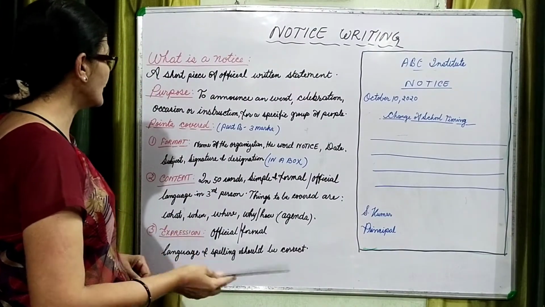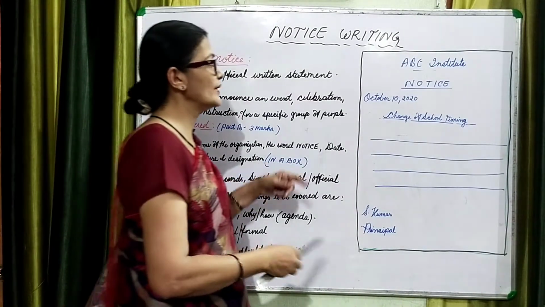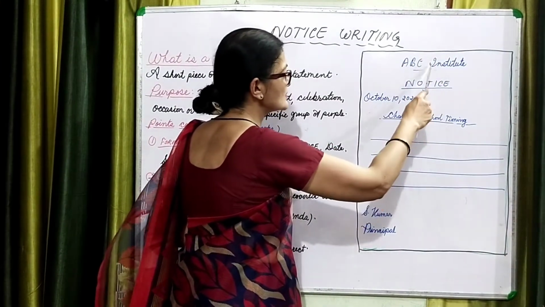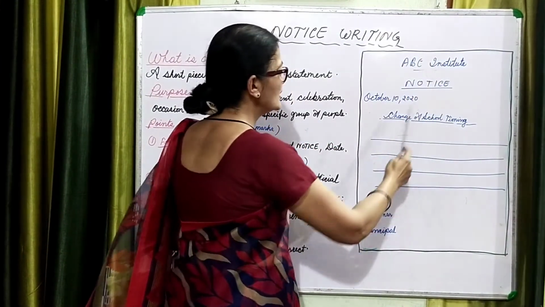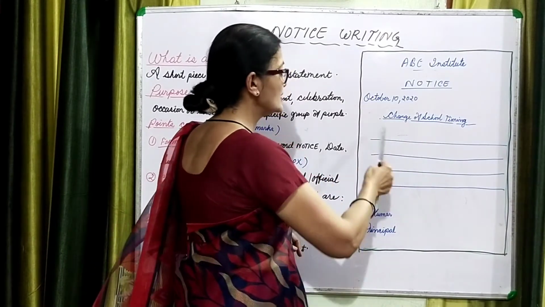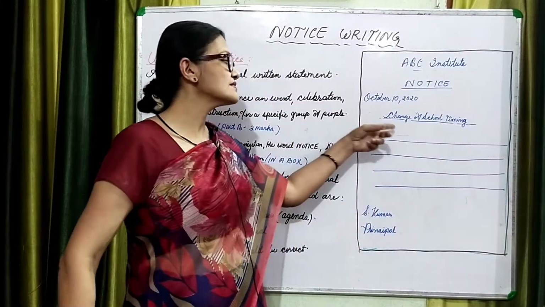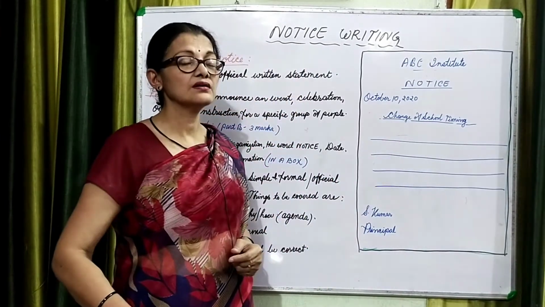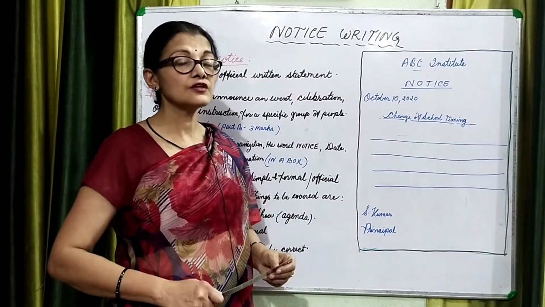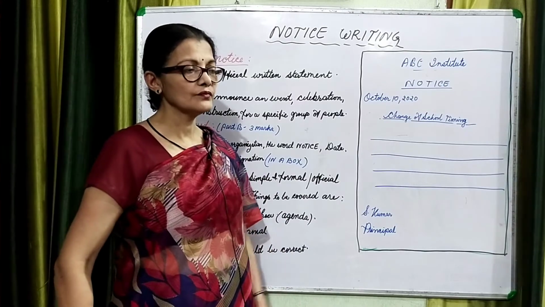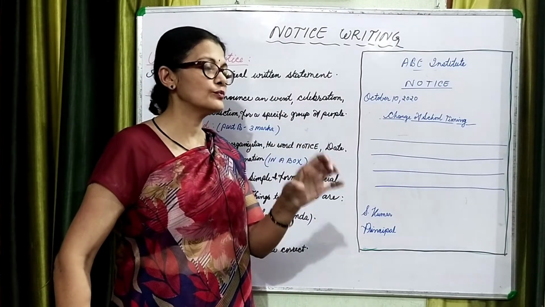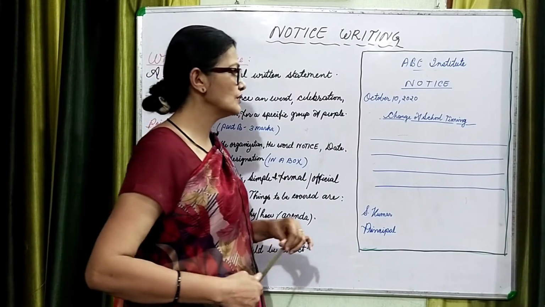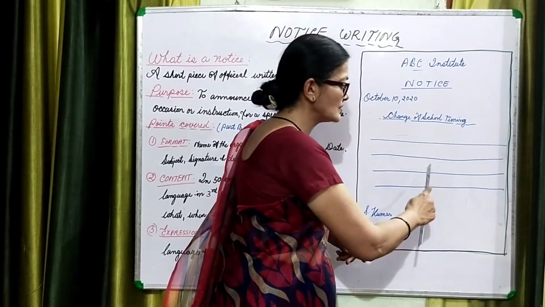I'll repeat again what the format is here. That is the name of the institute and the word notice, in center alignment. Then in the left alignment is your date. In the center again is the subject, which in small, brief and very catchy words will tell you about the content.